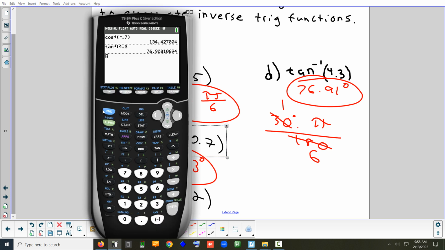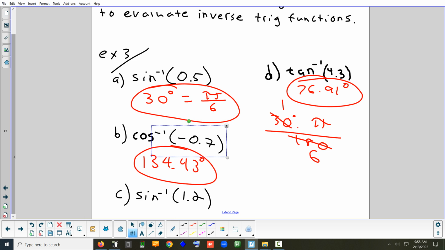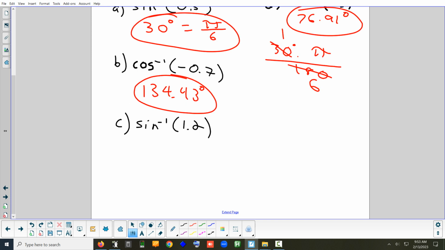Now, inverse sine of 1.2. I got an error. What does the domain of the inverse sine have to be between? And this number is not. Negative 1, 1. You have to plug in a number negative 1 to 1. You can't do that. This has no solution.